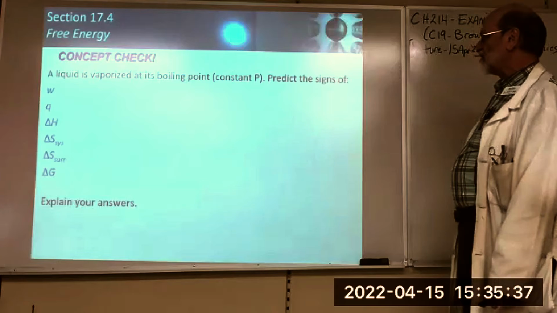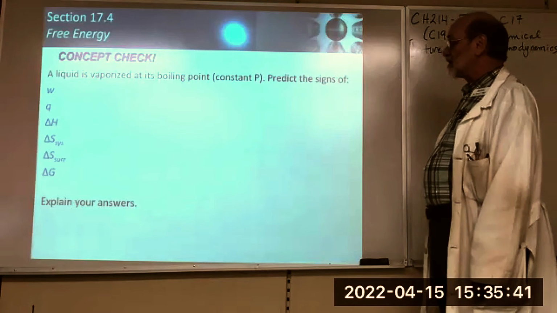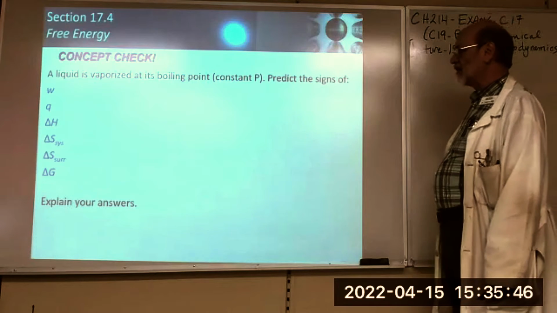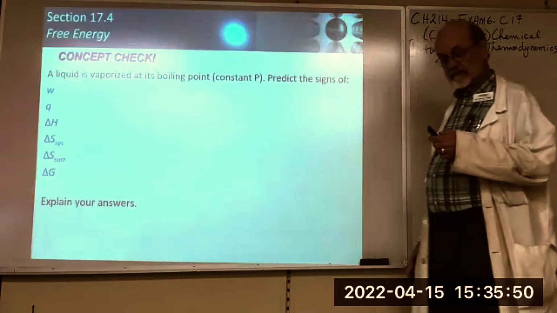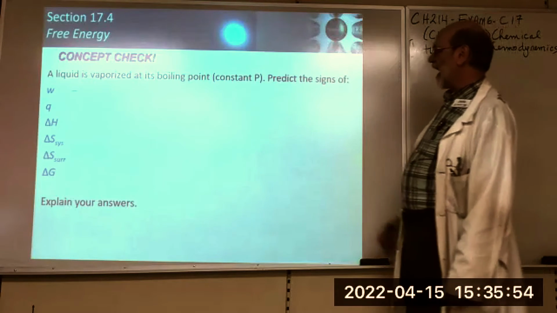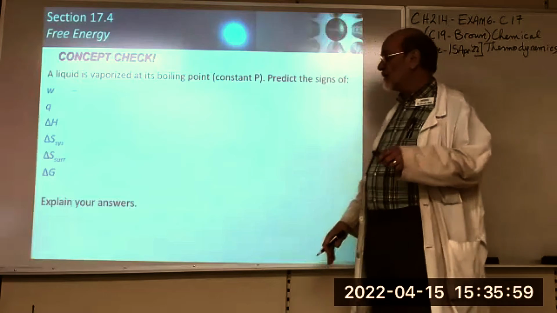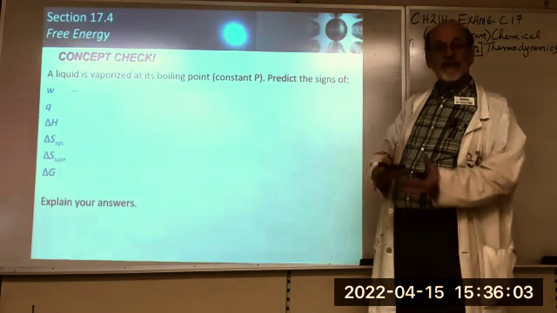Okay, let's see if we can make sense of that now. A liquid is vaporized at its boiling point, constant pressure. So what's the sign of each one of these? Is any work being done? Well, at constant pressure, as the liquid is vaporized it makes gas, so you have to increase the volume.